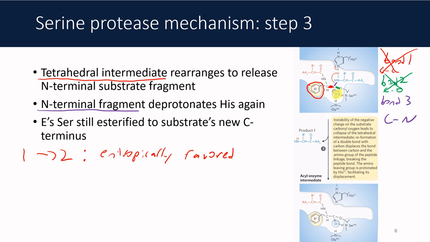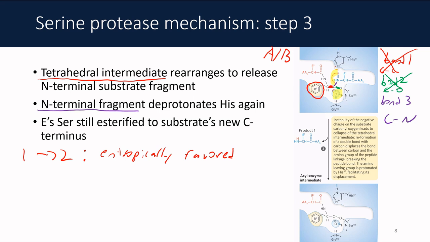We also have an instance of acid-base catalysis happening simultaneously. As bond number 3 breaks, it is going to deprotonate the histidine, like so. The histidine not only is hydrogen bonding with that nitrogen, kind of holding it in place, but it's serving as this vacuum of sorts.